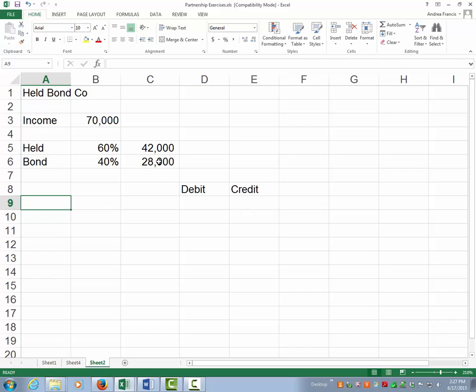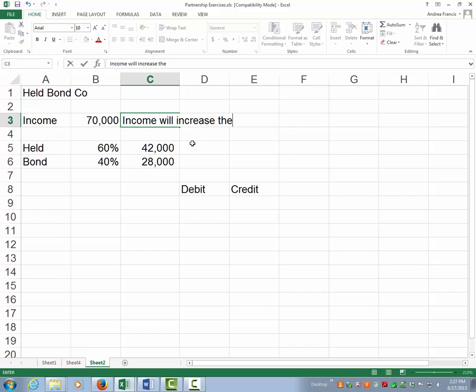And these partners now have to get the 70,000 into their partners' capital accounts. Now the capital account increases on the credit side and decreases on the debit side. Since this is income, it will increase the partner's capital account.